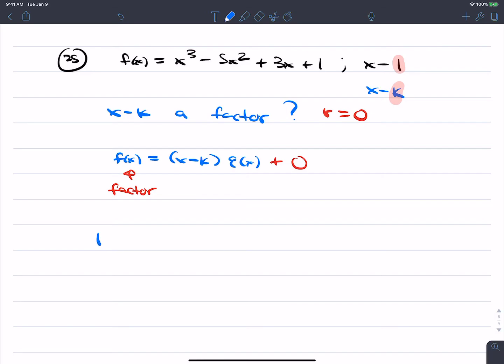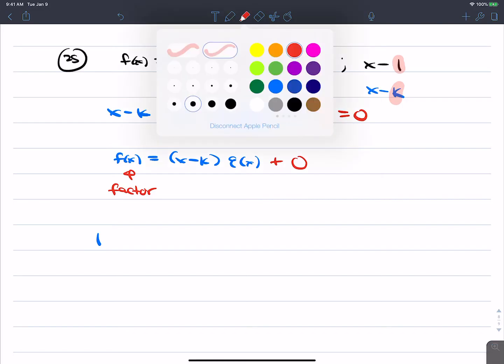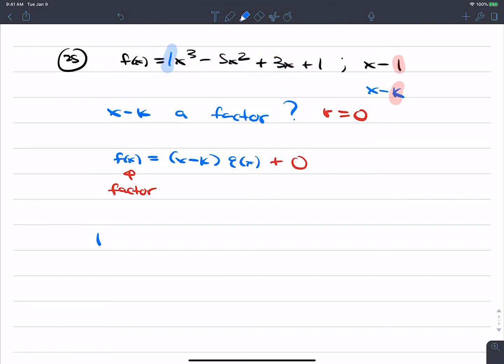So we put our 1 here, and we have to obtain all the coefficients for the polynomial function: 1, -5, 3, and 1. So we're going to do our synthetic division process again.